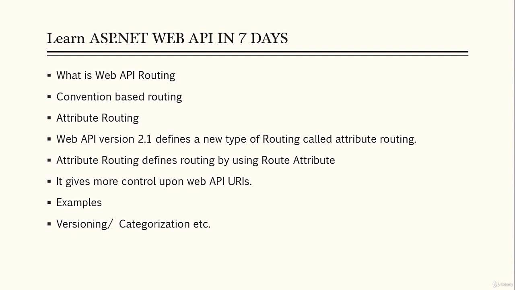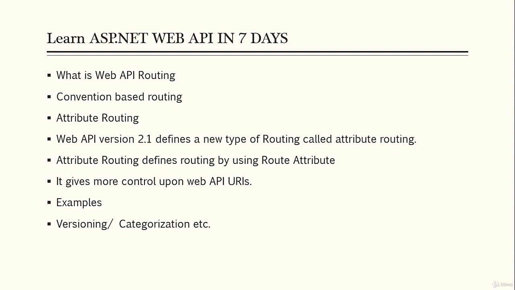And an example of that can be versioning. We can do versioning in API methods. Suppose we have an API method which is getting data from X data source.